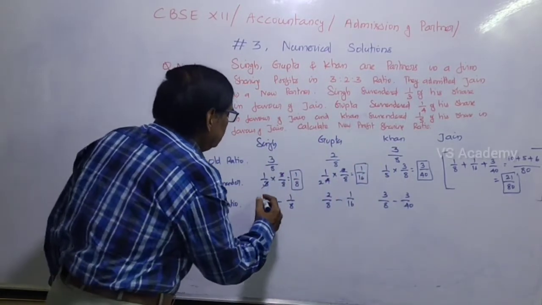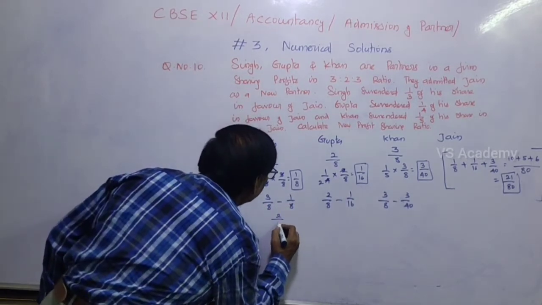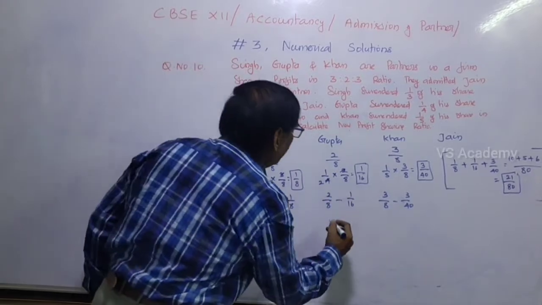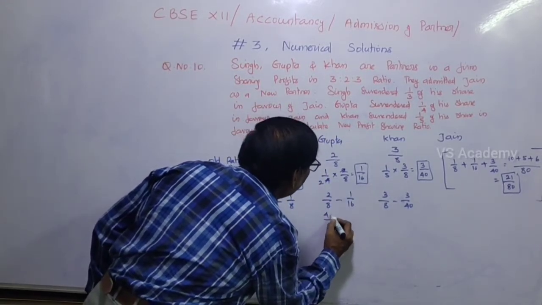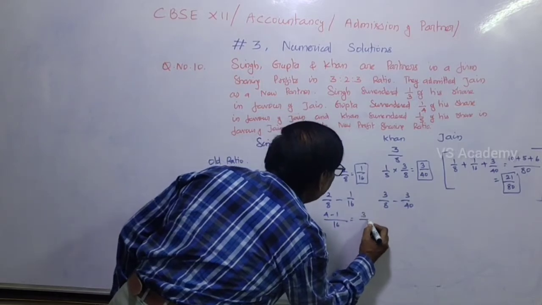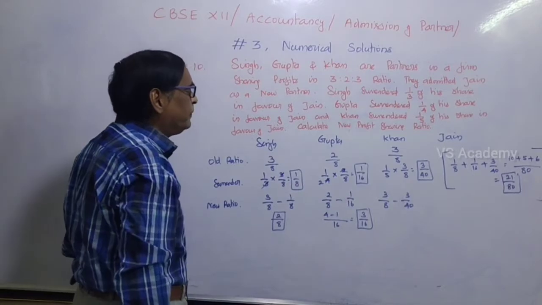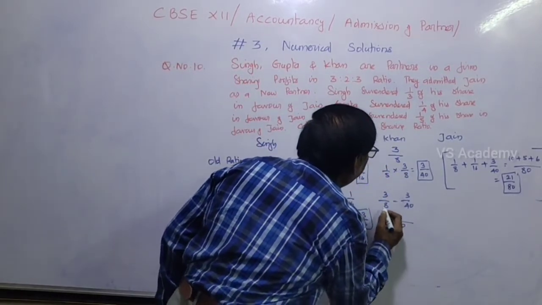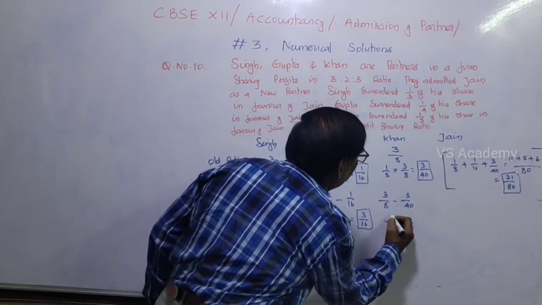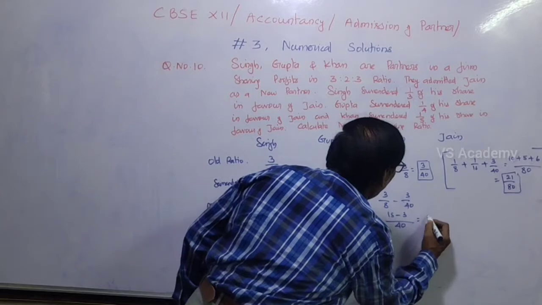Then 3/8 minus 1/8 equals 2/8. Here 16 LCM we can take, so 2 times 2 into 2 is 4 minus 1, so 3/16. Here 40 LCM, so 5 times 8 is 40, 5 times 5 into 3 is 15, minus 3, so 12/40.